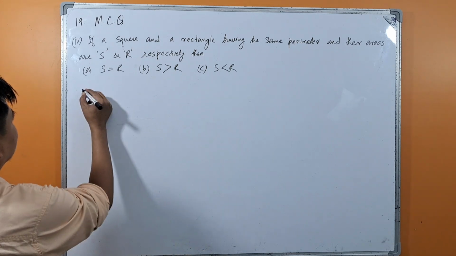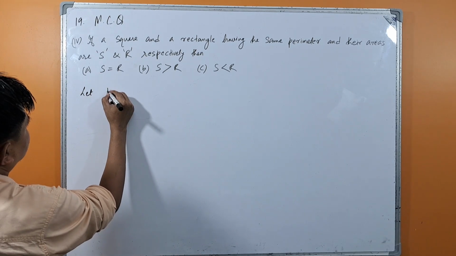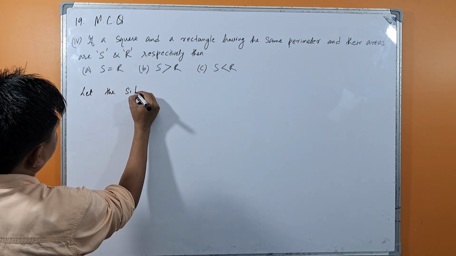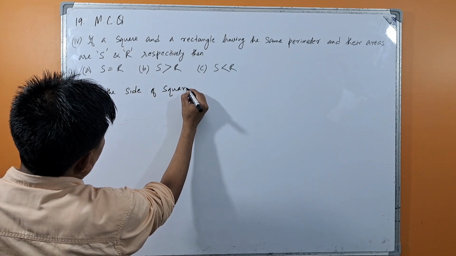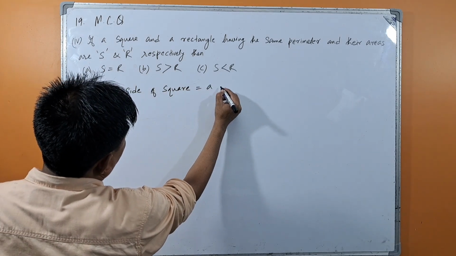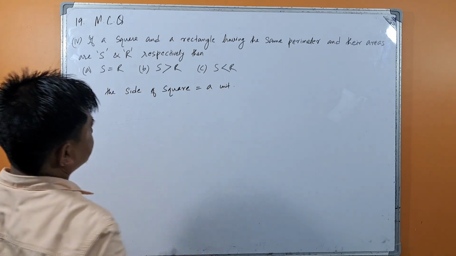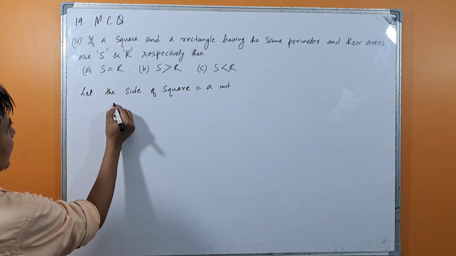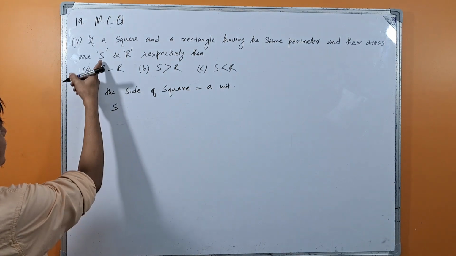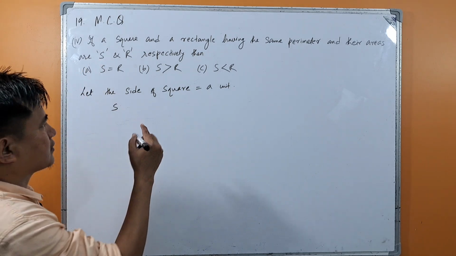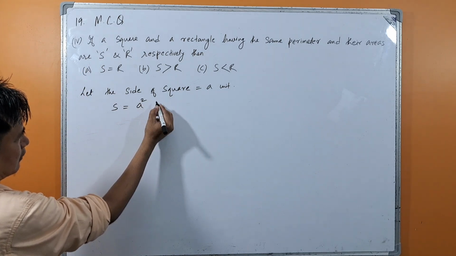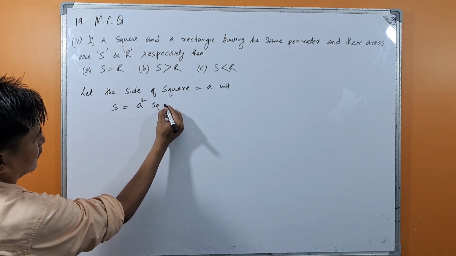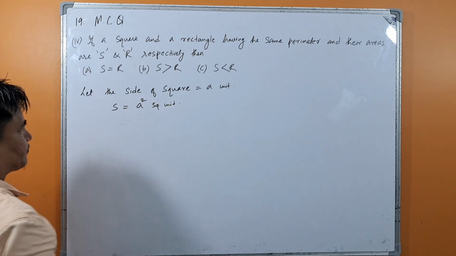First, let the side of square equal a unit. Okay, then area is S. Area of square is given S. Area will be side square, that is a square unit, isn't it?